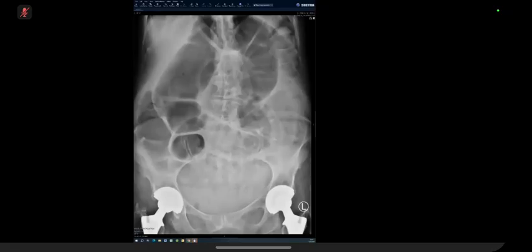I am presenting with plain X-ray front view of the abdomen. From the first instant, I can pick two abnormalities. The first thing is bilateral hip prosthesis. The second one is dilatation of the bowel. I can see that the bowel is dilated at the center of the abdomen, and on the right side of the colon.